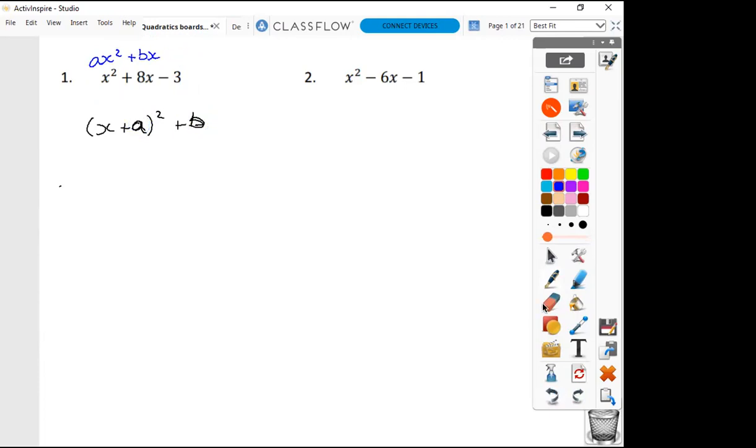Instead, what you need to do to reformat this is the following steps. x plus the b term over 2, squared, minus, and always minus, the b term over 2 squared, plus the c term.